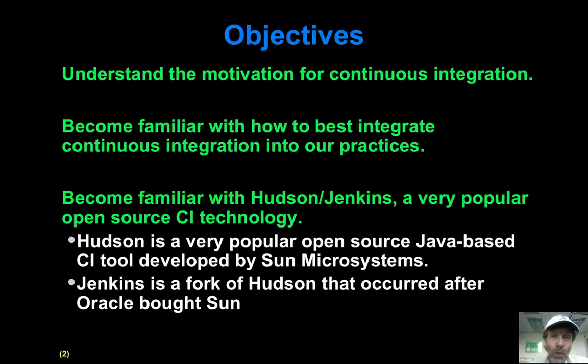Then Oracle acquired Sun Microsystems, and in the process acquired that project. And there were some skirmishes, and essentially what happens, there was a fork in the project. So now the Hudson project continues, but then the lead developer from Hudson and most of the primary committers left to form this new project called Jenkins.